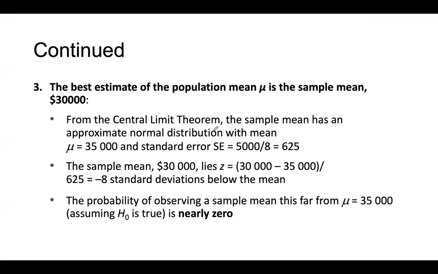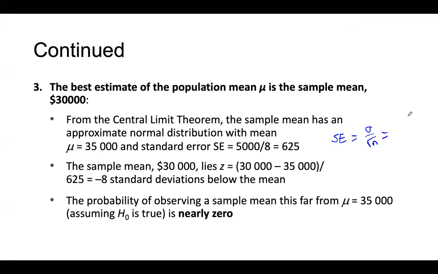We know from the central limit theorem that the sample mean has an approximately normal distribution with mu of 35K, and the standard error is sigma divided by the square root of n.